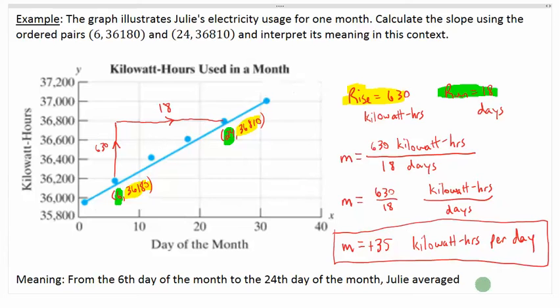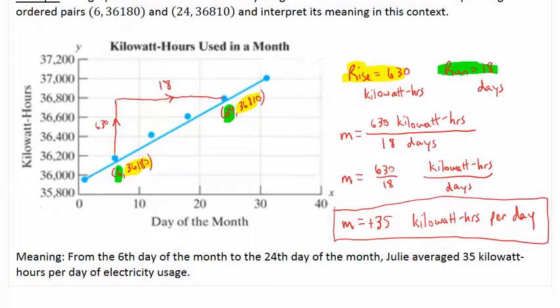Julie averaged 35 kilowatt hours per day of electricity usage. She added that much electricity usage to her bill every day on average from the 6th day of the month to the 24th day of the month.